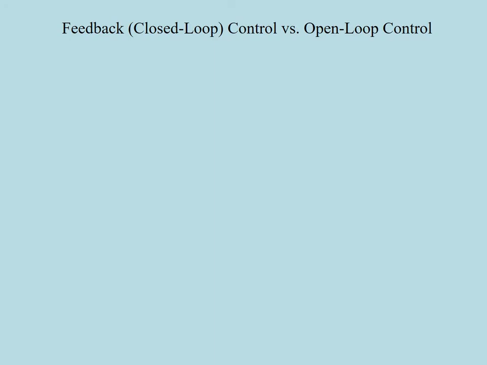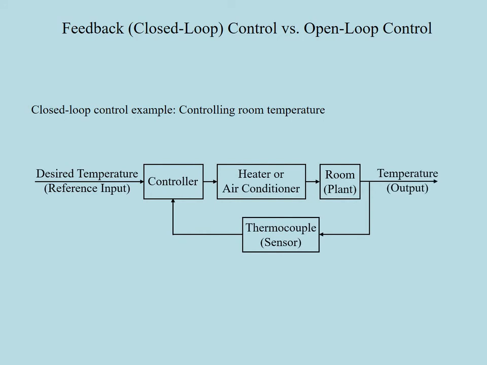Let us now differentiate closed-loop and open-loop strategies. For example, basic blocks of a system to control the temperature in a room can be shown as in this figure. The plant in this example is considered as the room, or rather the heat dynamics of the room.